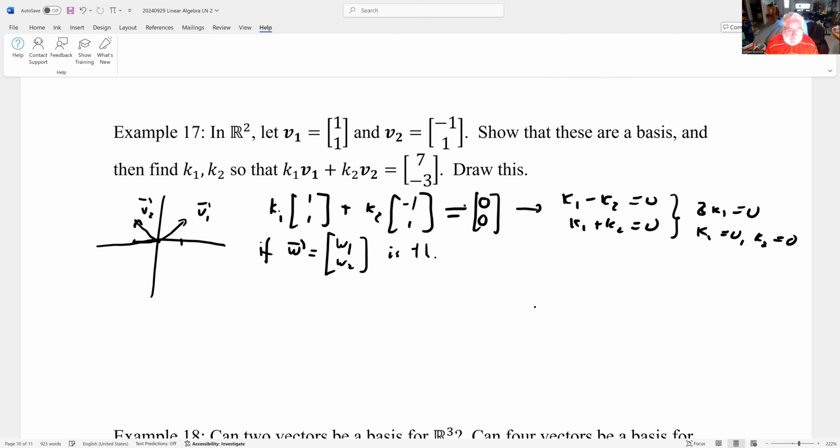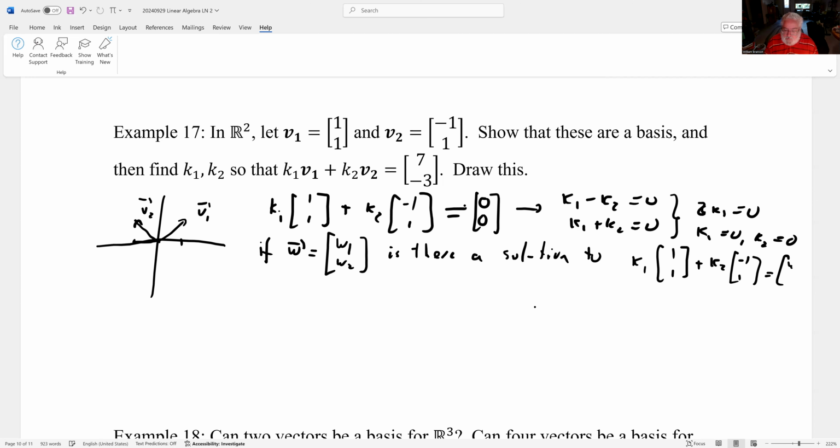So span is answering this question. It's almost the same question because we get the same things on the left side, we get different things on the right side, but we can still solve this.